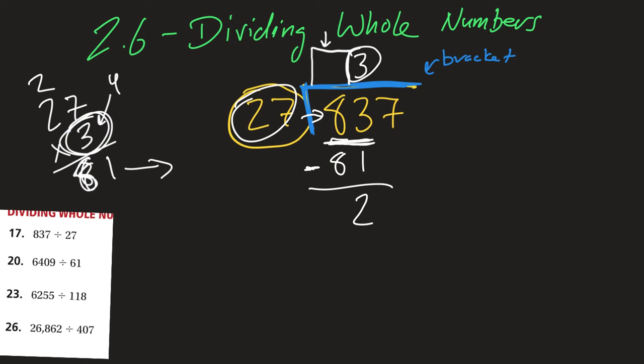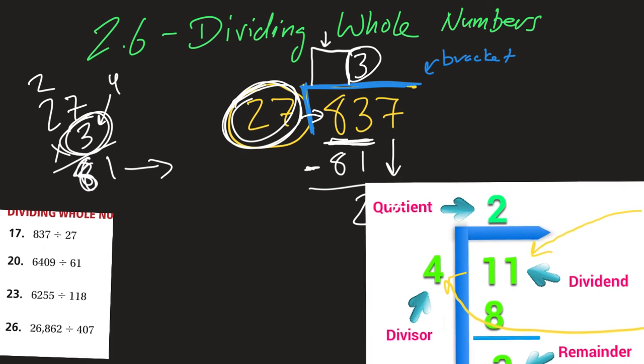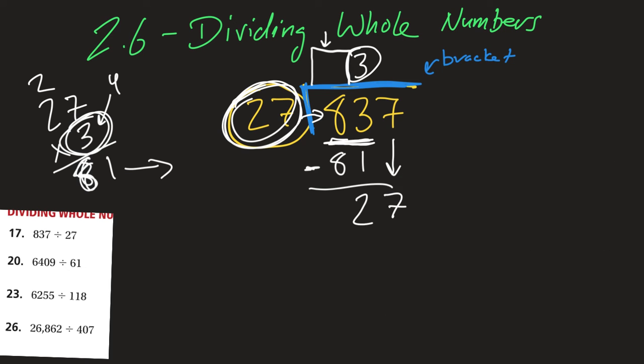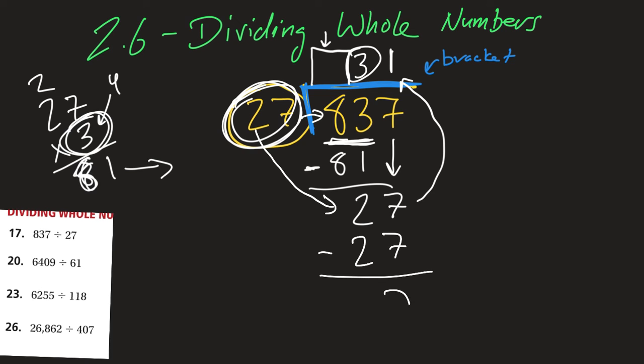But we still have this 7 to work with. So we drop this number down, and then we ask ourselves, how many times does our divisor, the number outside the brackets, fit into that remainder, 27? Well, it fits in there 1 time, so 1 goes up here. Then 1 times 27 is 27. I subtract these and I get 0.